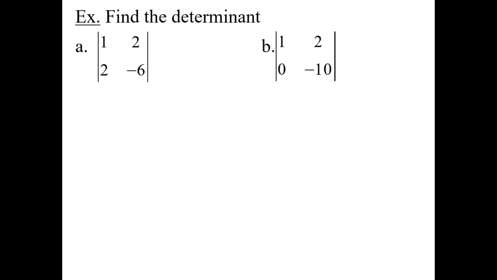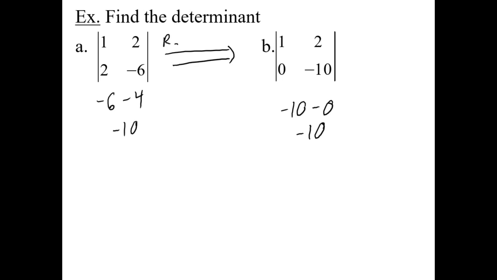Let's try this problem. Okay, I get the one on the left. We've already done this a couple times. It's the same one. It's -10. And if I do the one on the right here, multiply the main diagonal minus the other one, we get, again, -10. This time the determinant did not change. Now, again, what row operation did we perform?